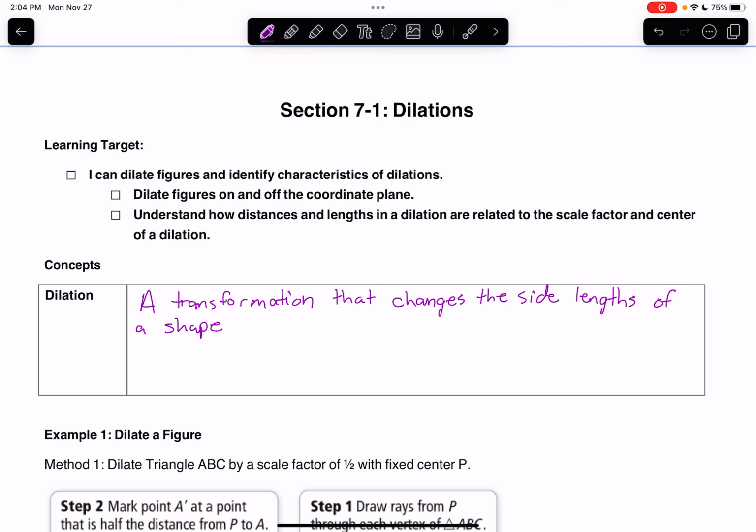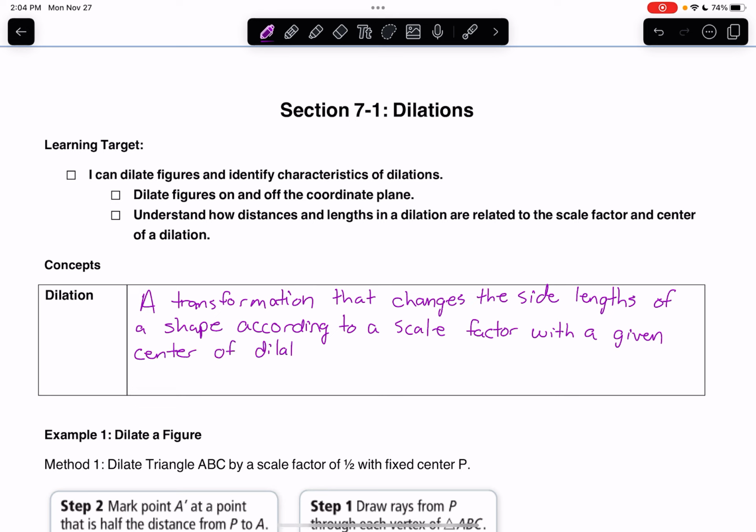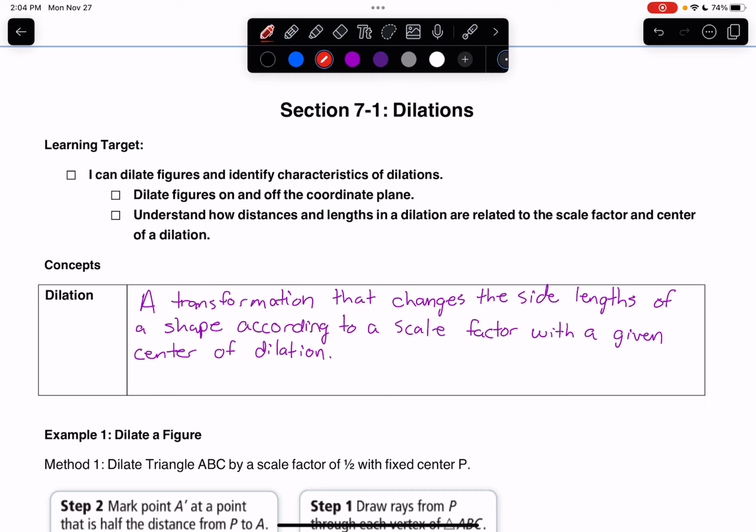That's how we know how big or small to make the shape. According to a scale factor with a given center of dilation. That's another vocab word that we're going to use. Center of dilation. Where are we making the thing bigger or smaller from? So a couple of vocab words in here. We've got scale factor and we've got center of dilation, and we'll talk about what both of those mean.